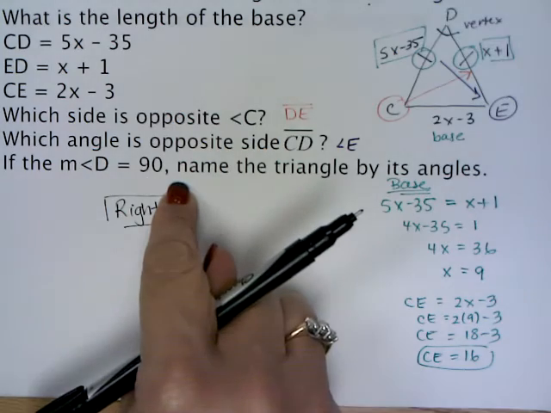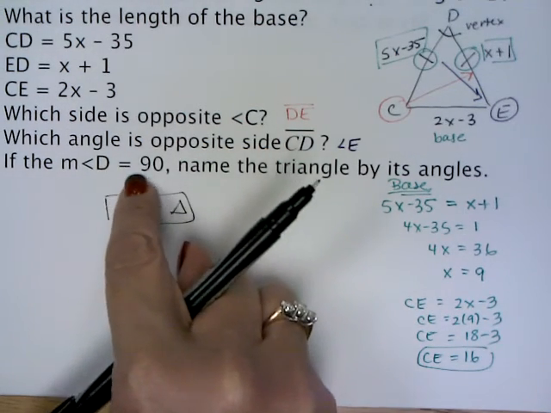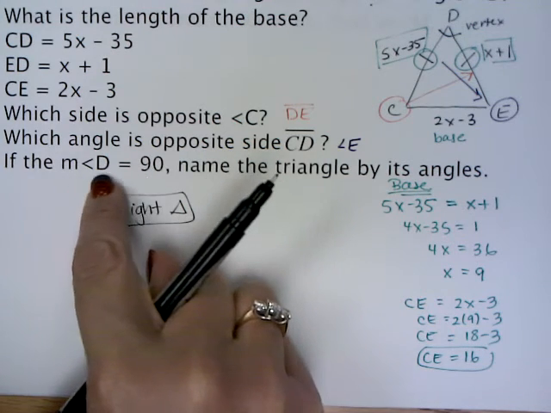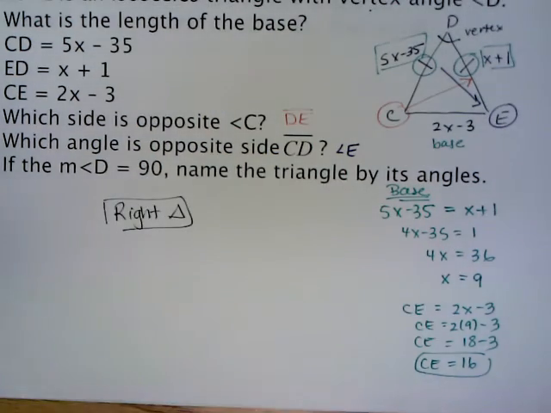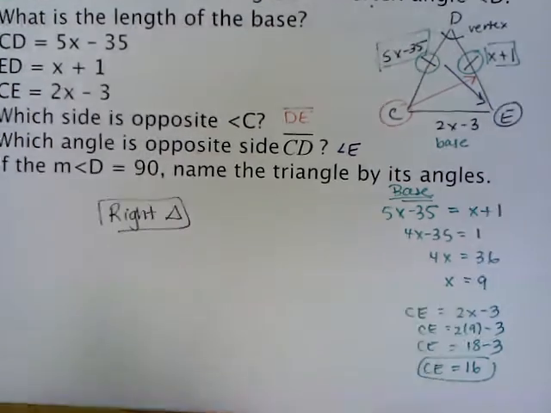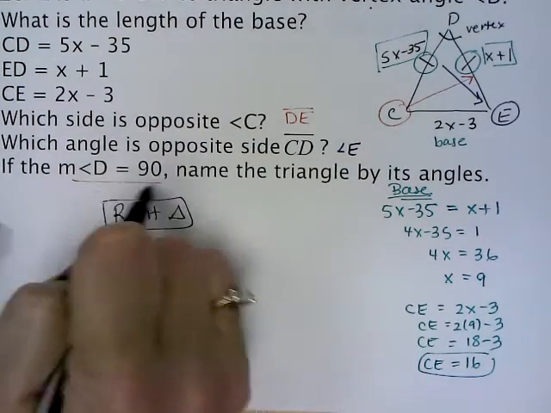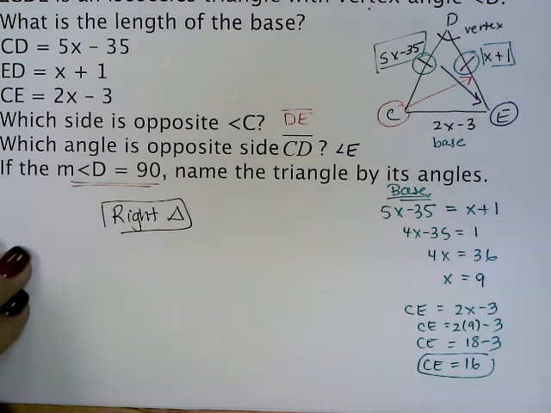If it's less than 90, you know that that's an acute angle, but you've got to be careful with what you're reading mathematically. If the measure of angle D is greater than 90, then it's an obtuse angle, so that would be an obtuse triangle. So you need to watch what the math is telling us in this scenario. This is going to tell me what I'm looking for. Got to read directions.